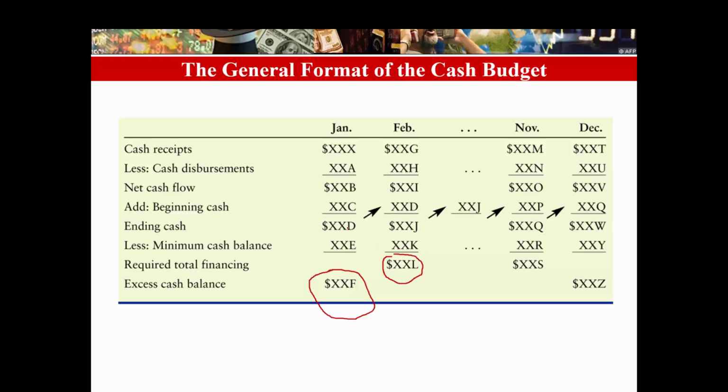So as you see in here, from one period to another, ending cash turns out to be the beginning cash the following period. And then we incorporate the net cash flow, find out the ending cash, figure out the minimum cash balance and whether we have a surplus or deficit, and we plan action based on this. Remember that this statement is prepared for the period ahead, and for every period we have visibility regarding fund surpluses and fund needs.